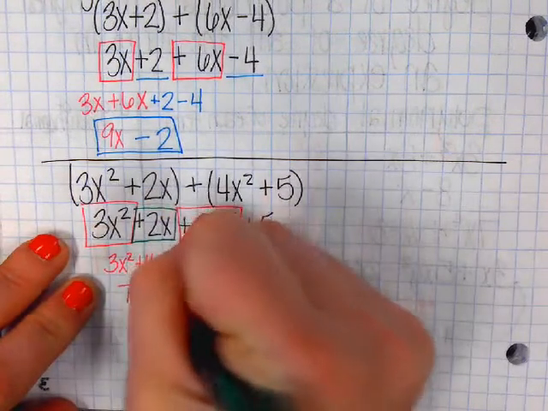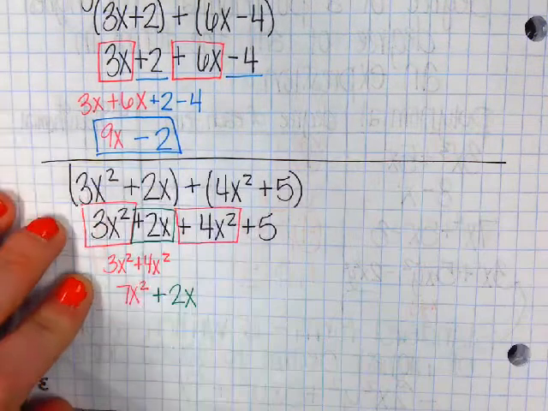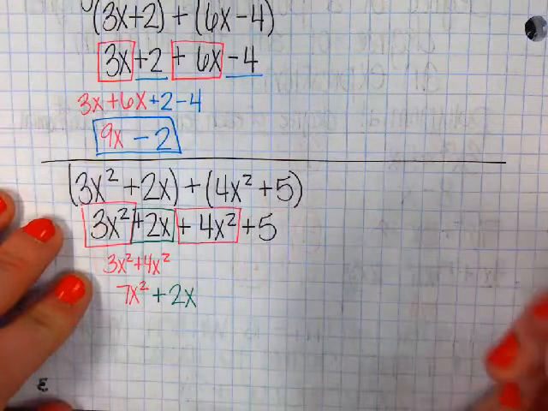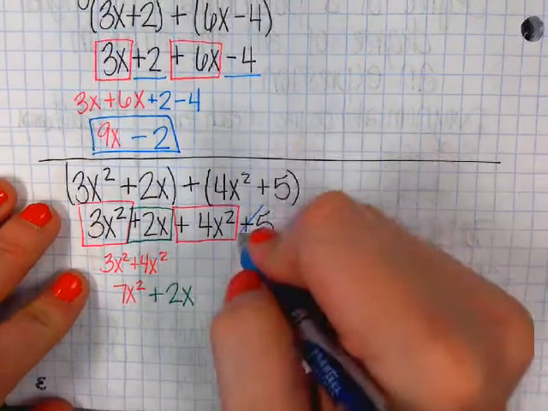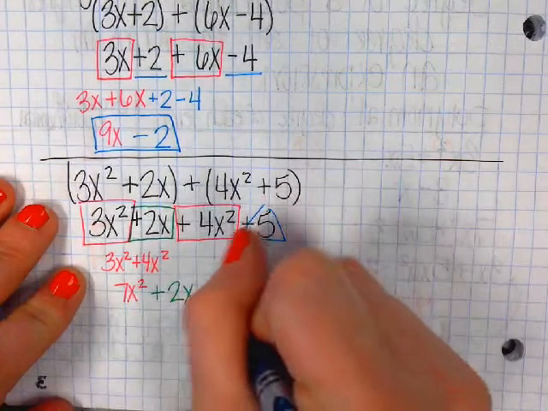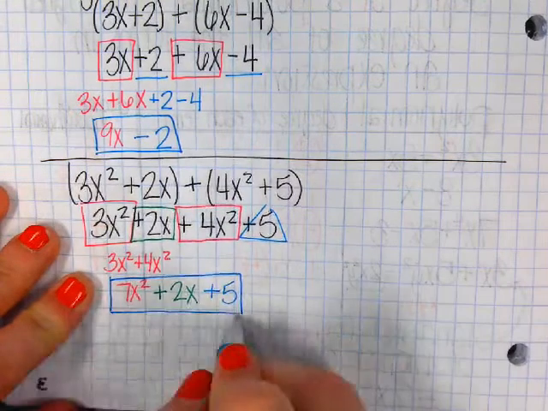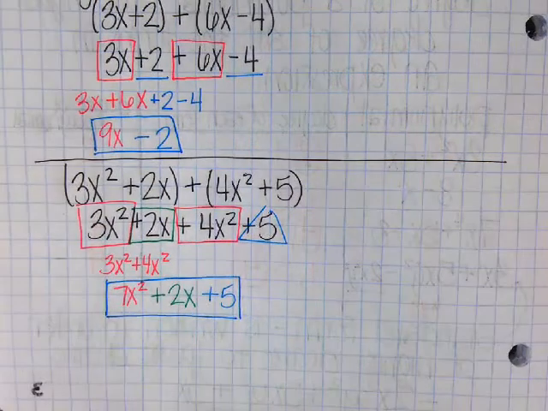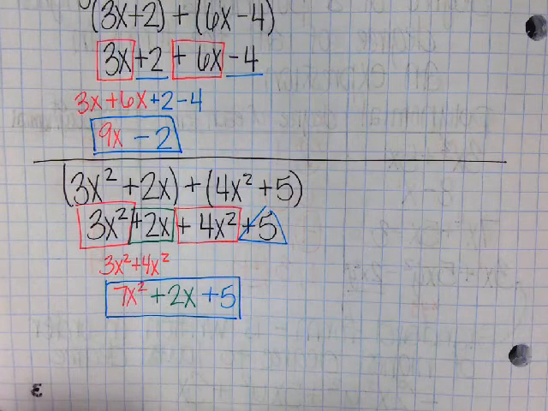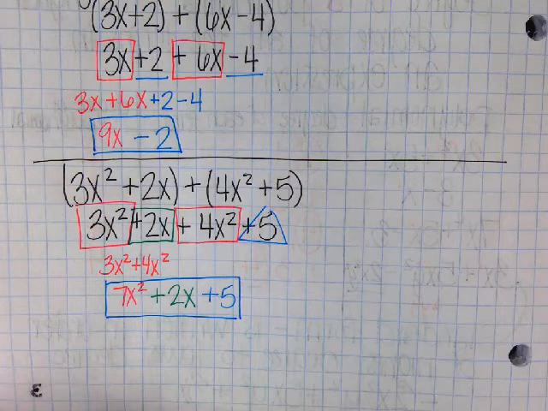No, so I would just put plus 2x. Can I combine a 5 with anything else? Nope, so it's just plus 5. That's my answer. Pretty easy.